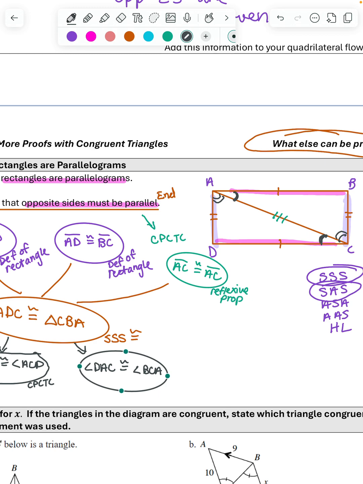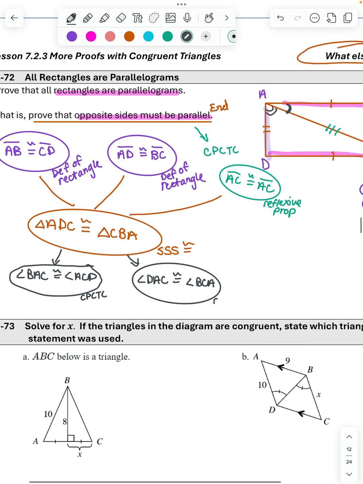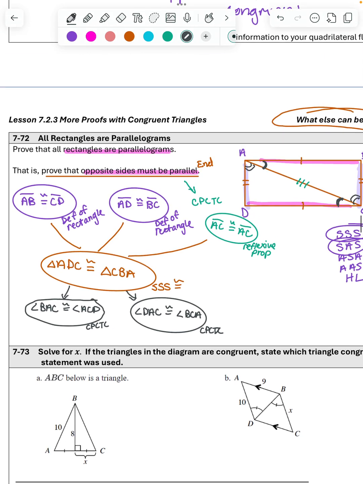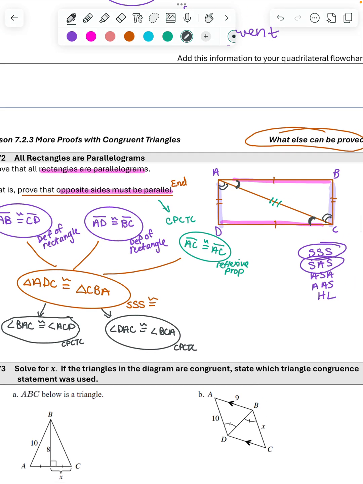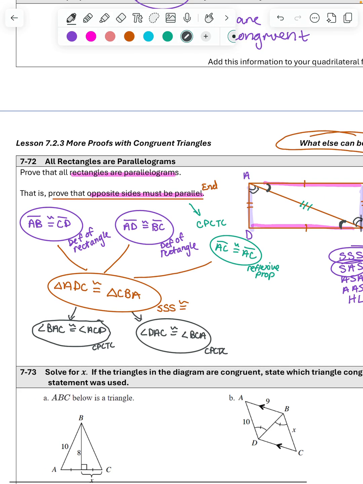And again, that is due to CPCTC. And at this time, I have proven that these alternate interior angles, both sets of them, are congruent, which means those opposite sides that go with them are parallel.